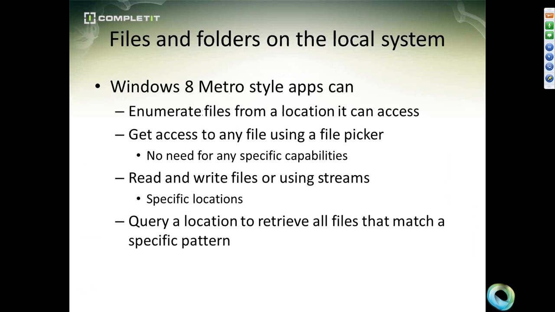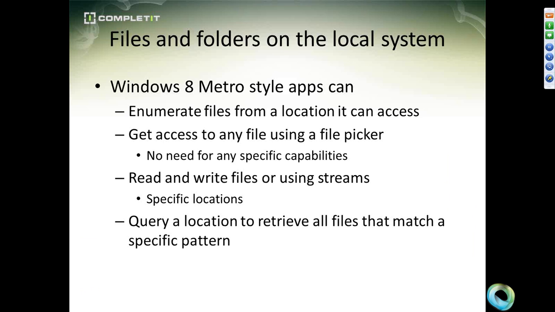Let's first take a look at files and folders. Metro applications run in a secure sandboxed environment, and they cannot simply say, well, let me directly read out a file in your temporary directory on the C drive. That's not possible.